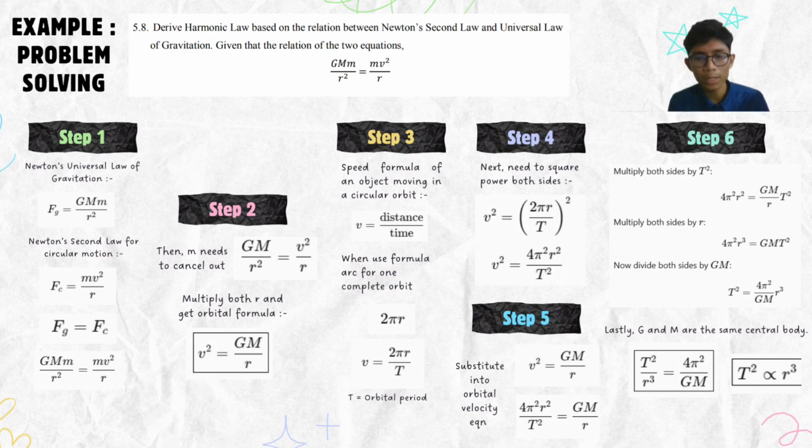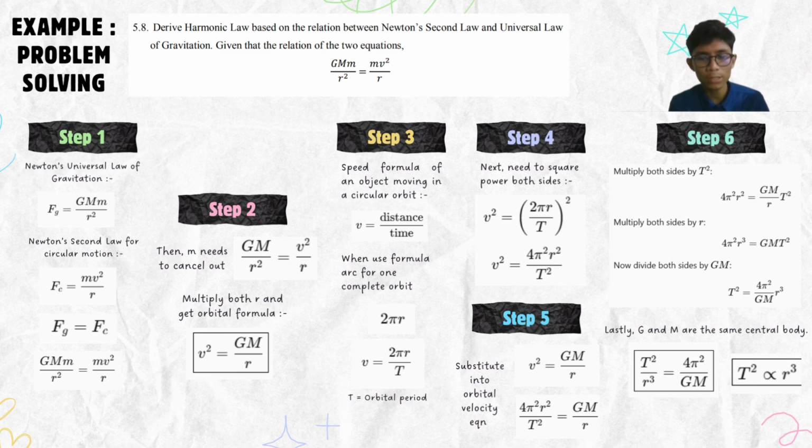For example, based on the question above, these are the step-by-step solutions using Kepler's harmonic law, also known as Kepler's third law, which is derived using Newton's second law. For step 1, we need to write two equations.